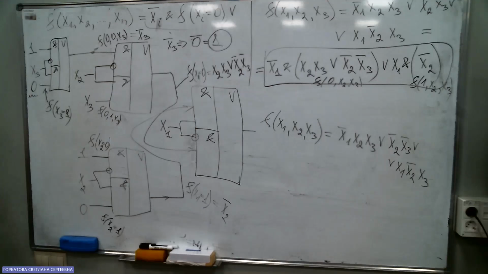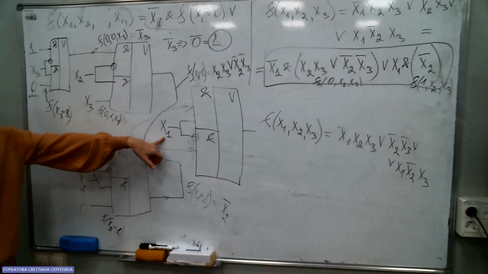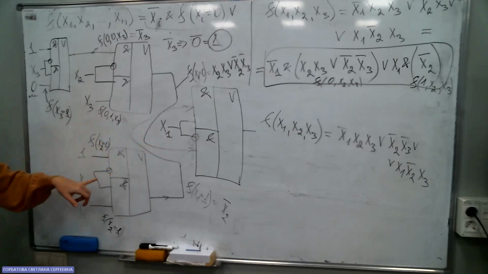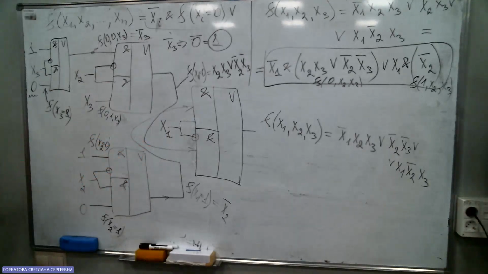It will also work with another scheme. I mean, if you eliminate, first of all, not x1, but for example, x2. So it will be different blocks, different scheme, but the same result.